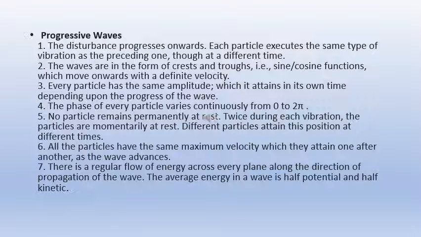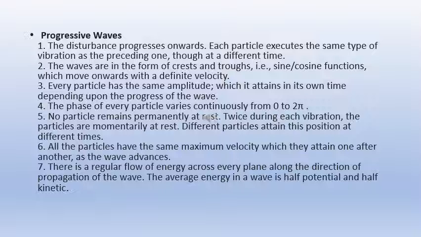Study the characteristics of a progressive wave. A progressive wave always travels forward with a definite velocity. The waves are in the form of a crest or a trough, that is, it's a sine or a cosine function. Every particle executes simple harmonic motion about its mean position with the same amplitude. There is a continuous change of phase from one particle to another, and it varies from 0 to 2π.